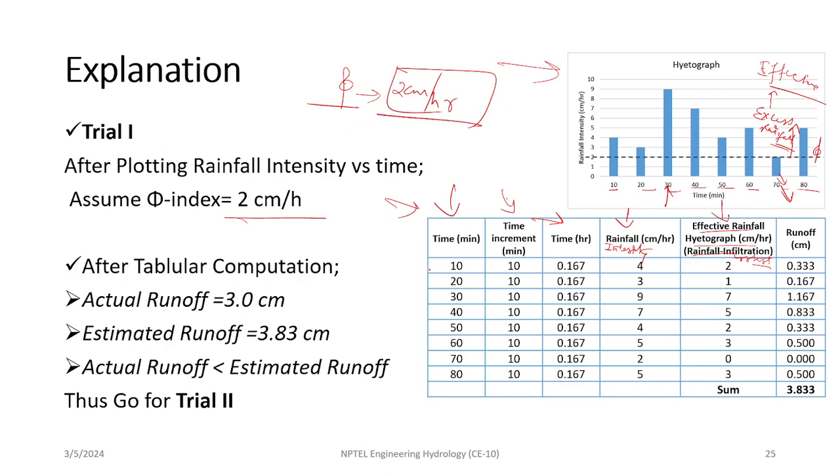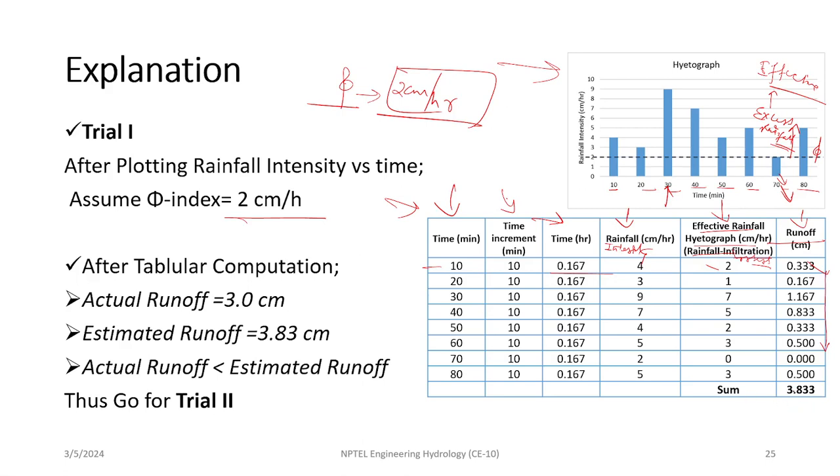So for the time of 10 minutes, are you getting this 2 centimeter per hour? Yes. Now once you get the effective rainfall hydrograph, in order to compute the actual runoff, we have to multiply it with the time interval, that means 0.167, and see whether you are getting this value. Okay, 0.333, correct.